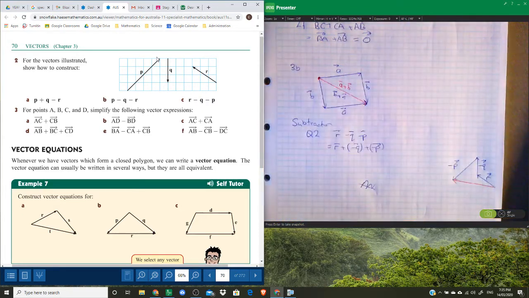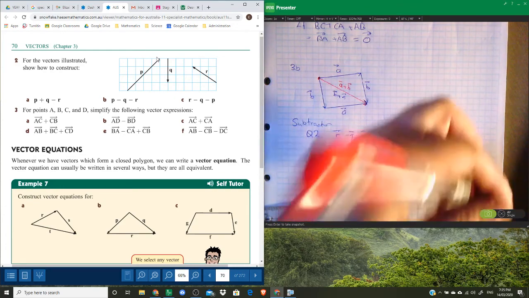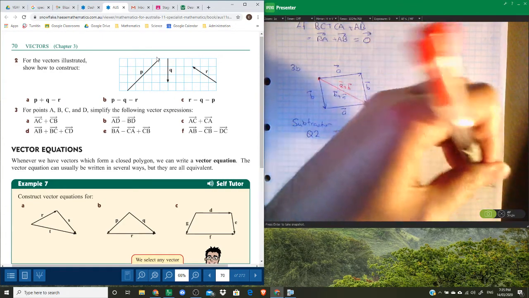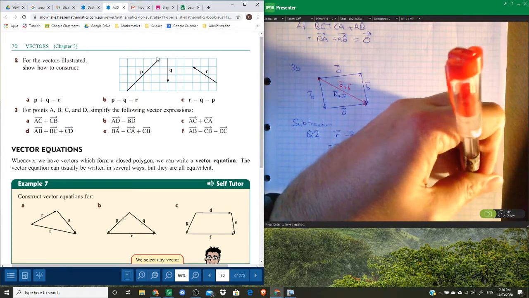Okay, so then that's a resultant of R minus Q minus P. There you go.